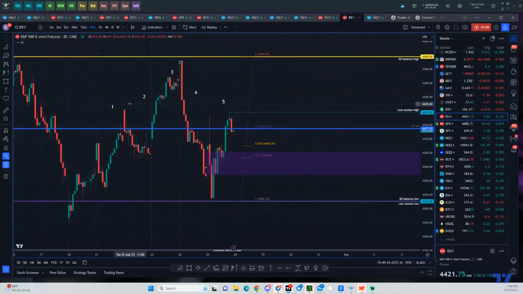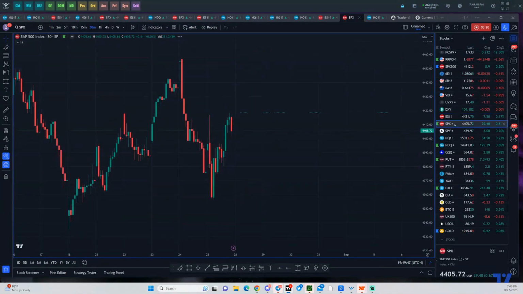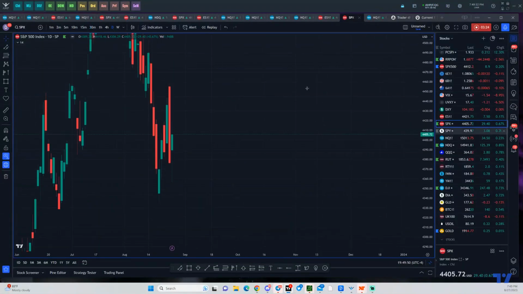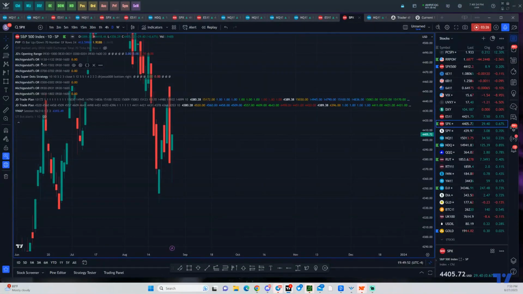All right, so balance. So obviously, when you look at these candles on a daily basis, I'm gonna show it to you just like if I were looking at SPX. So SPX, then we switch over to daily, and then I'm gonna change this indicator here.